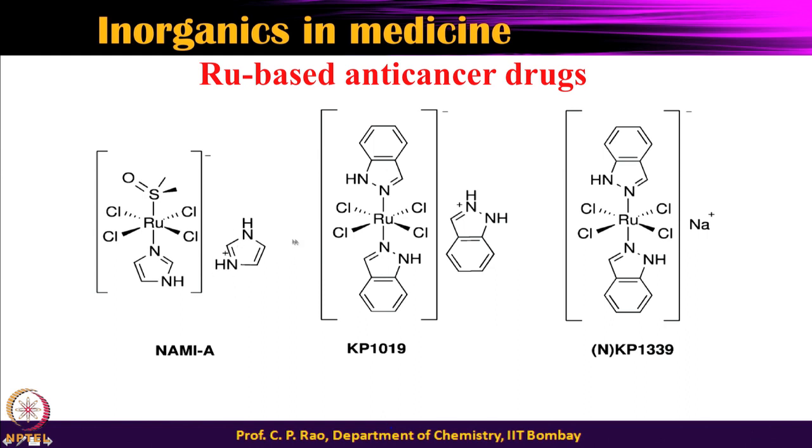So, you have a counter cation, imidazolium, ruthenium 3, 4 chlorides, etc. Again, instead of imidazolium, a benzimidazolium kind of cation, or you can have sodium. So, these two are the same, but the counter cation is different, and this itself is different.